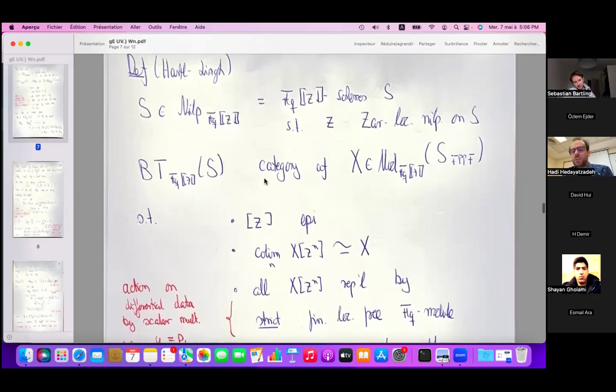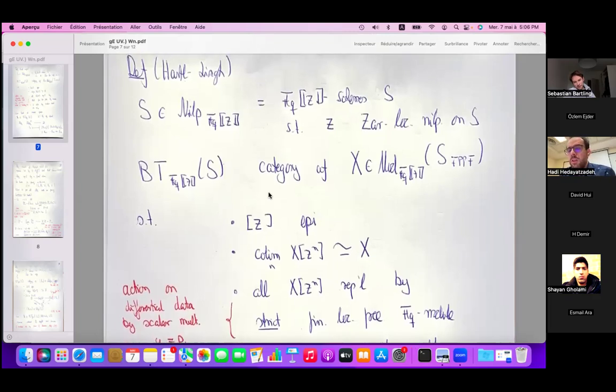I also have a preprint which is very similar to Hartl and Singh's paper, but I like the exposition in my paper better. I can send it to you. I don't think it's available online. That would be nice. My perspective is more in the spirit of Rapoport and Zink.